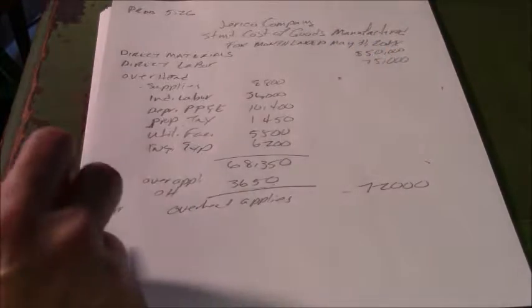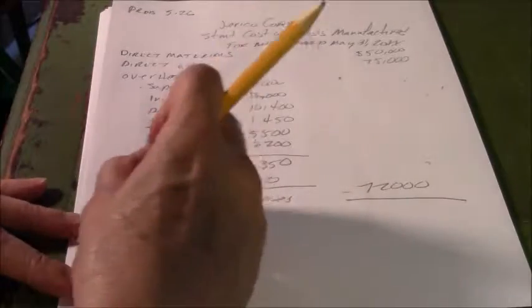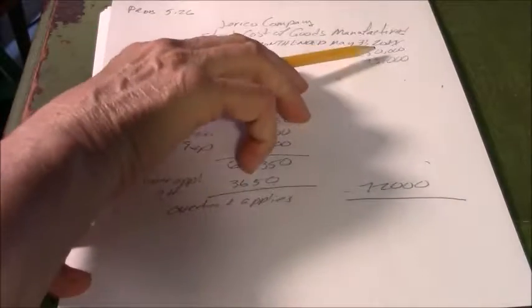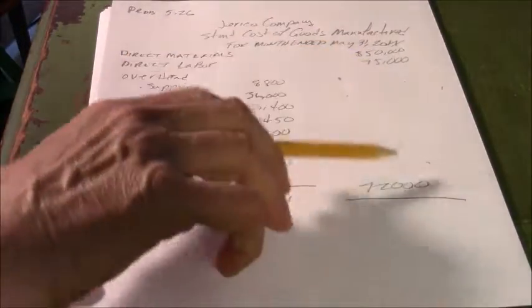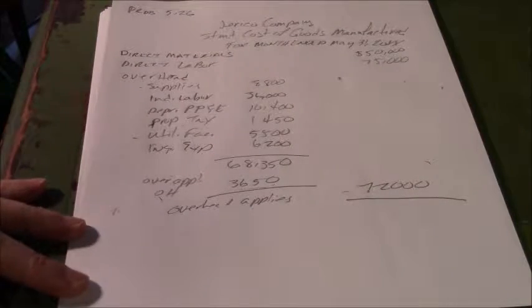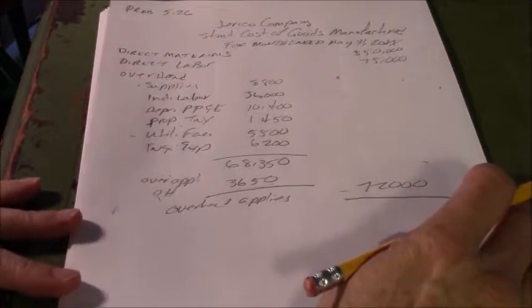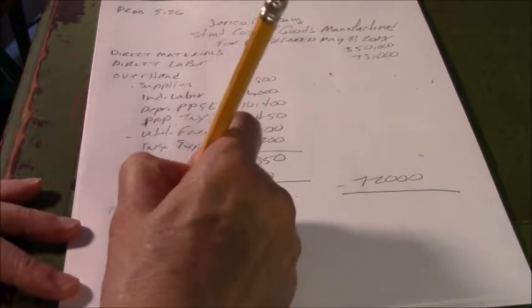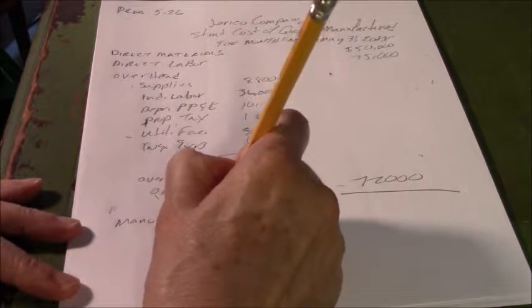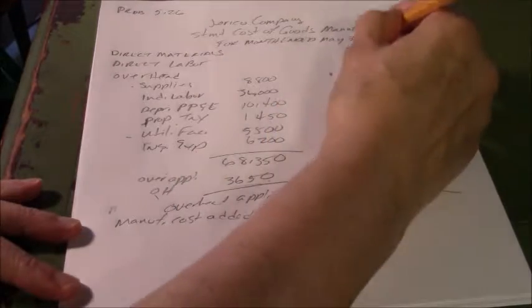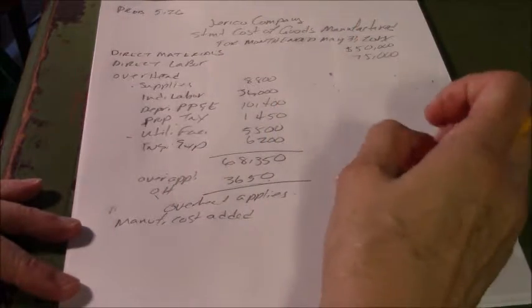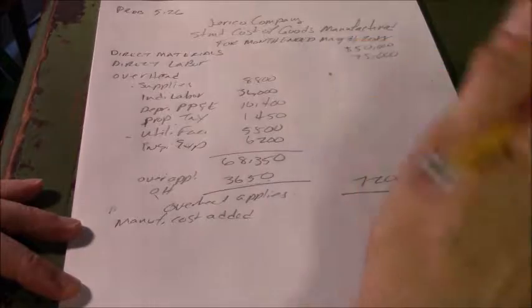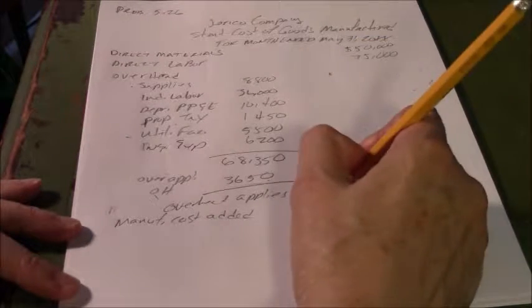Overhead applied 72,000. Okay, now we got to add our direct material, direct labor, and overhead, right, to get our manufacturing costs added. So 50, 75, and 72,000 is 197.